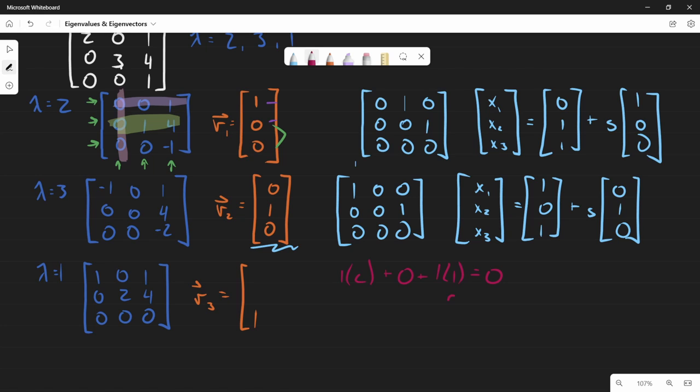So that means C is going to equal -1. So this would be -1. And then now the second one will have -1 times 0 plus 2 times C2 plus 4 times 1. That's going to be equal to 0. So that means C2 is going to be -2.